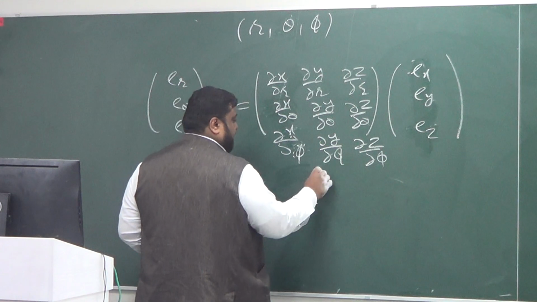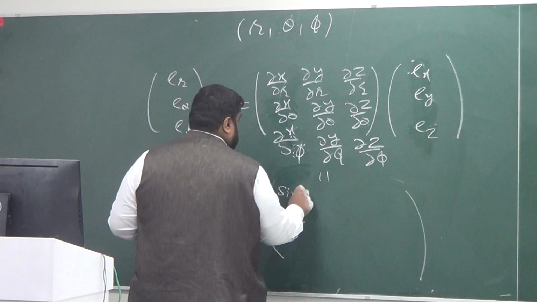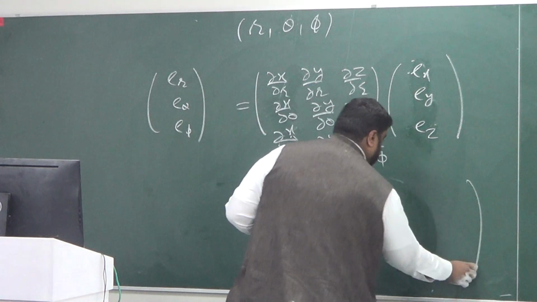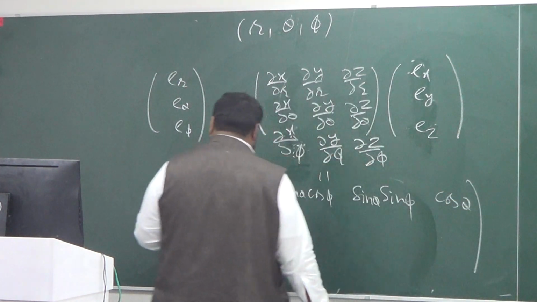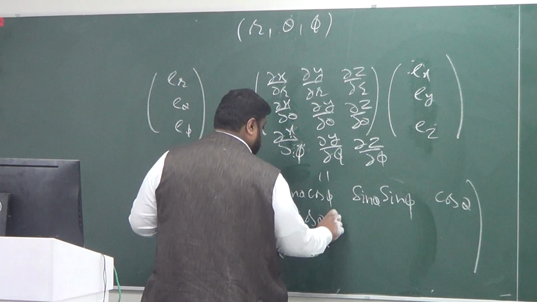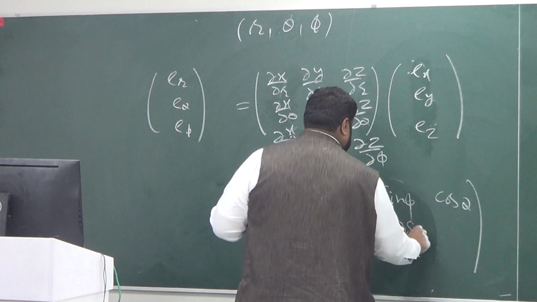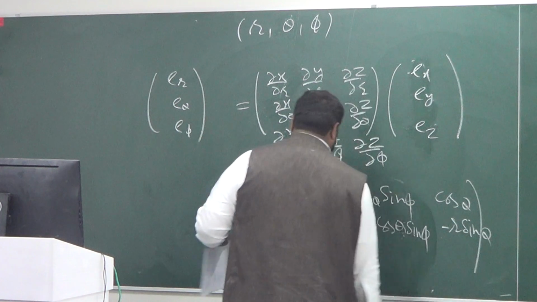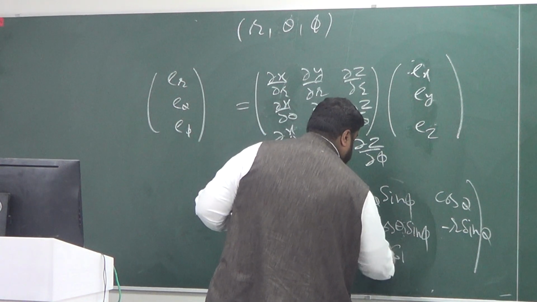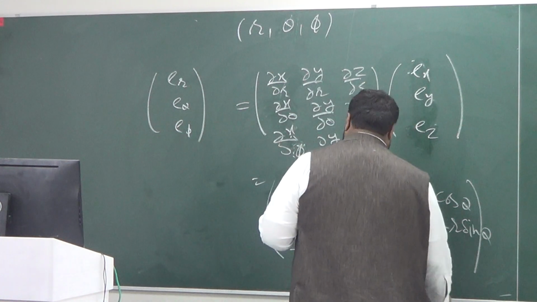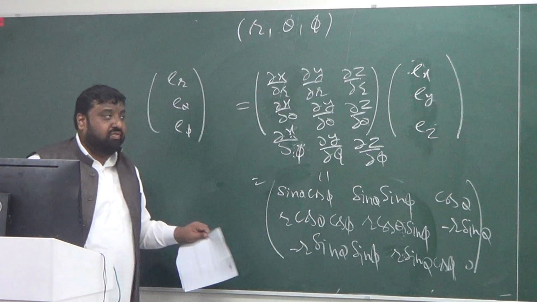And it turns out if you compute this matrix, you're going to get one matrix: sin theta cos phi, sin theta sin phi and cos theta; then r cos theta cos phi, r cos theta sin phi and minus r sin theta; and the last row would be minus r sin theta sin phi, r sin theta cos phi and 0. Is it making sense? So this will be the transformation matrix.